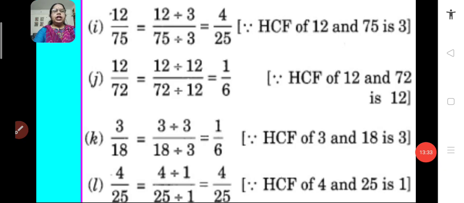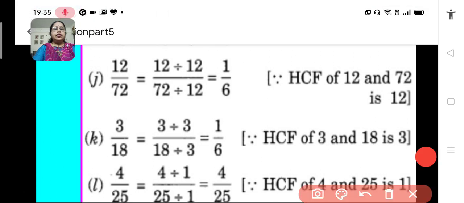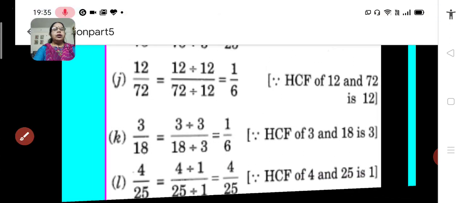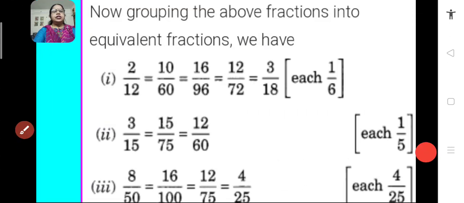Next one, 3 upon 18. We get 1 upon 6 as its simplest form because the HCF of 3 and 18 is 3. And the last one, 4 upon 25, can be represented as 4 upon 25 only because their common factor is only 1.